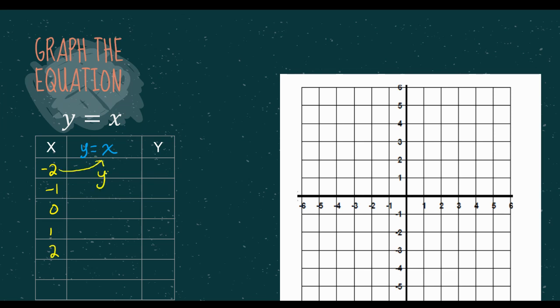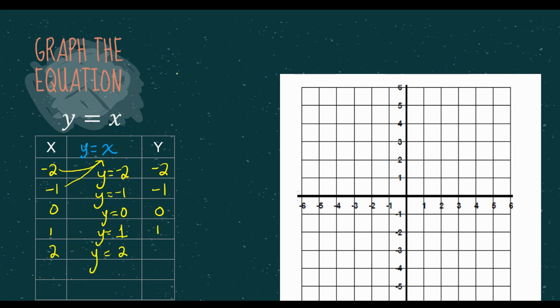So this would say y equals -2. So this is -2. So take that number and plug it in. So it would say y equals -1. It'd be -1. So whatever you plug in for x, the y comes out to be the same thing. And this is called the parent function.